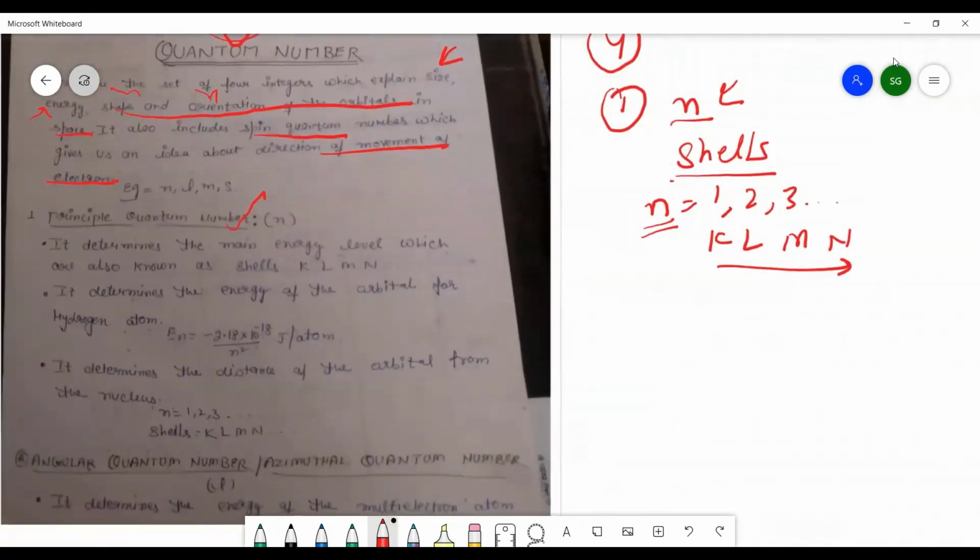Now you can identify what n signifies. It determines the main energy level, which is also known as shells, that we have discussed.